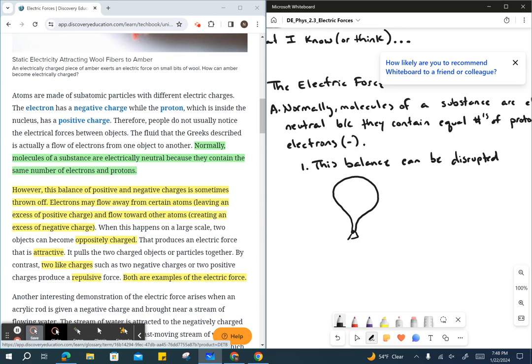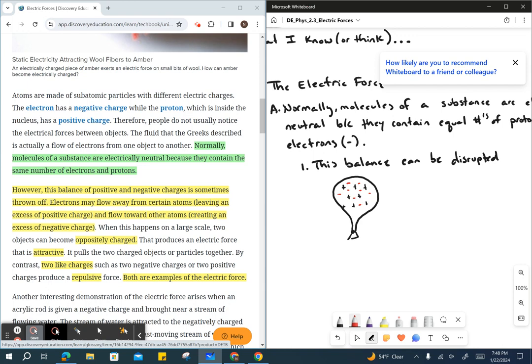And you rubbed it on a person's hair. And what happened was your normal balance, let's just say that we had 8 protons, and we had 1, 2, 3, 4, 5, 6, 7, 8 electrons.